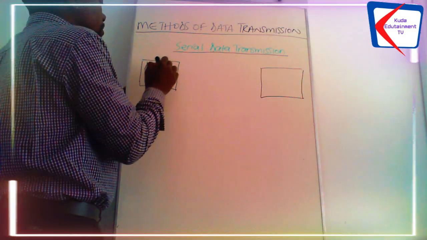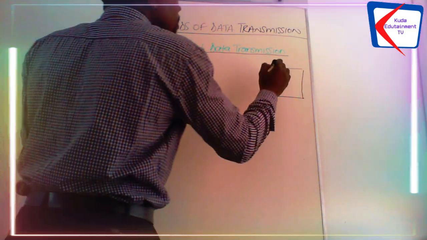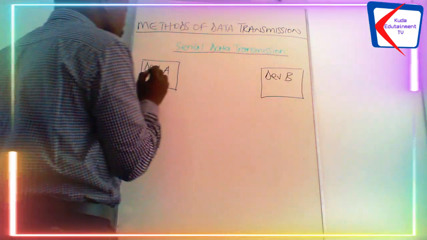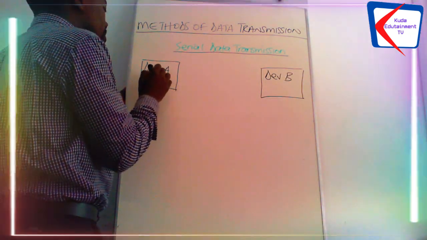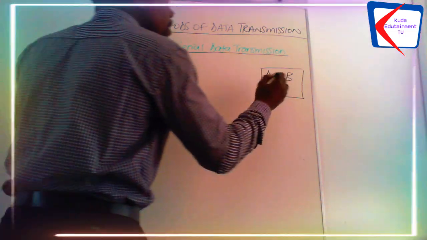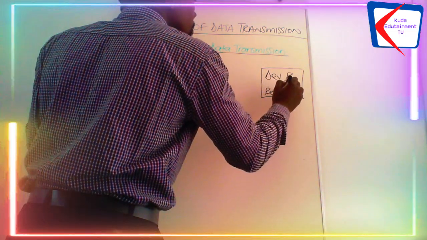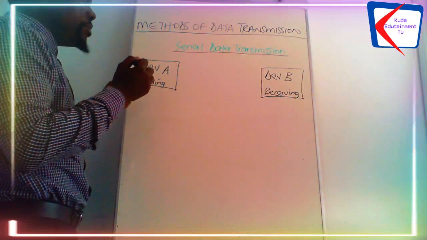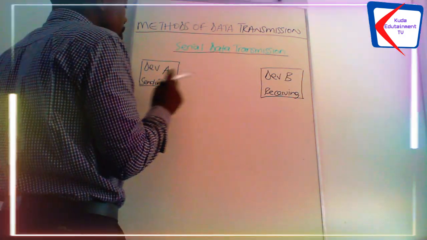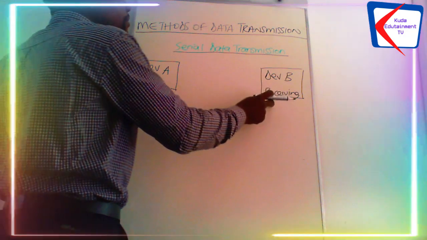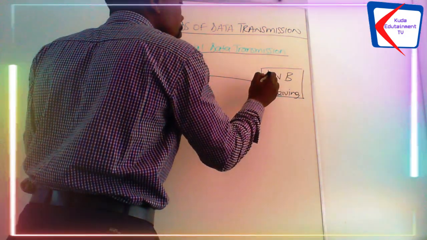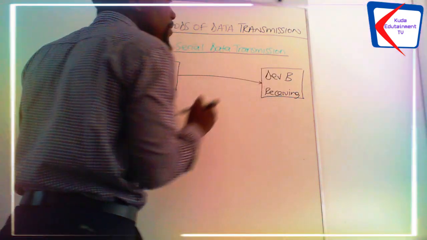Here we have device A, which is the sending device, and device B, which is the receiving device. Let us label them sending and receiving. Remember we said data is sent 1 bit at a time along a single wire. So we draw our line like this, and the arrow should point onto the receiving device.